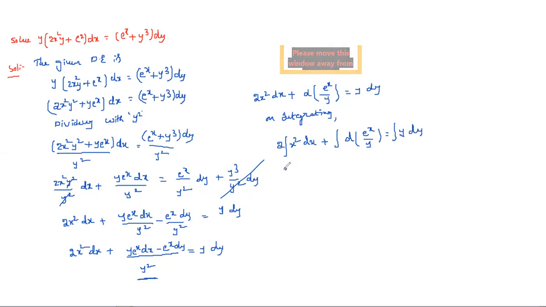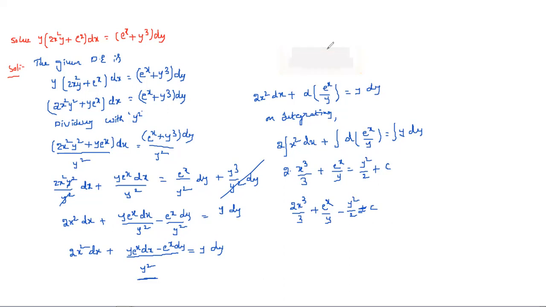Then 2 into, by applying integral xⁿ dx equals xⁿ⁺¹ by n plus 1, 2 plus 1 is nothing but 3, and here it is eˣ by y, and the integration of y is nothing but y² by 2 plus constant c. Then simply we can write 2x³ by 3 plus eˣ by y minus y² by 2 is equal to constant c. So this is the general solution of the given differential equation.